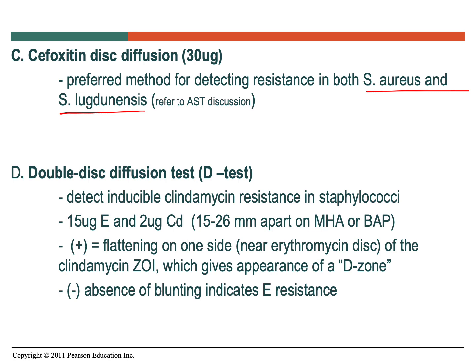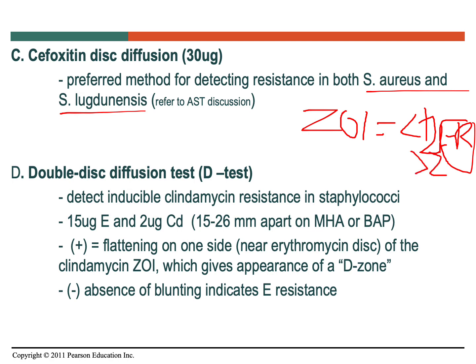So, again, the zone of inhibition, remember, if it is less than 21, that is resistant. So, automatically, your organism is resistant. If more than 21, then that is sensitive. So, you have MSSA.